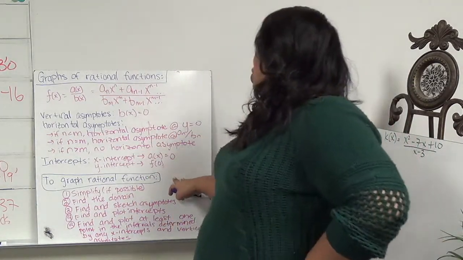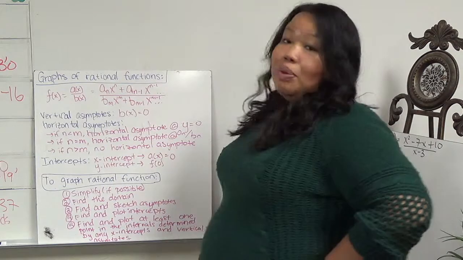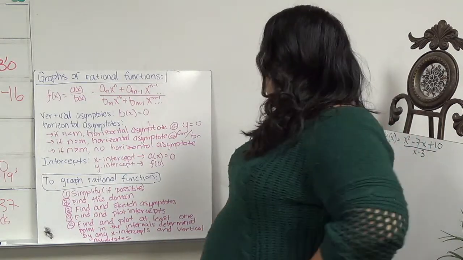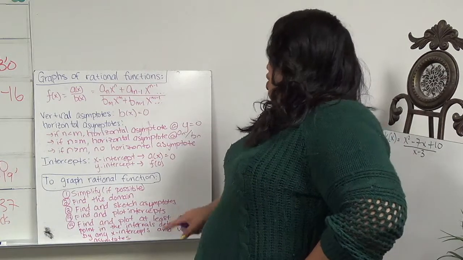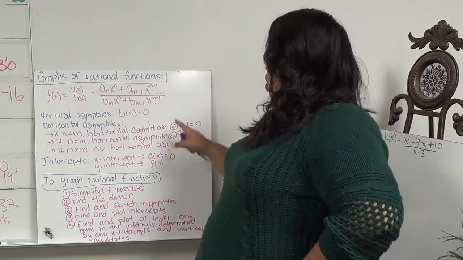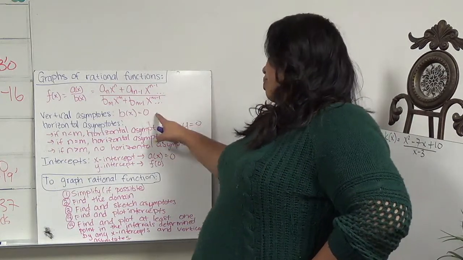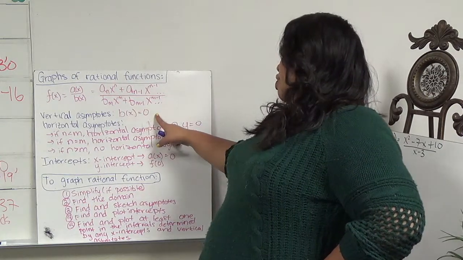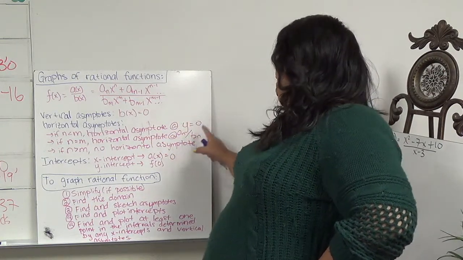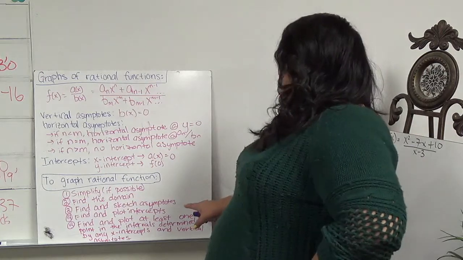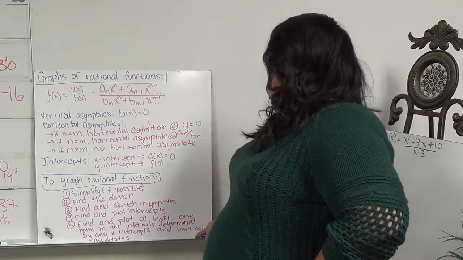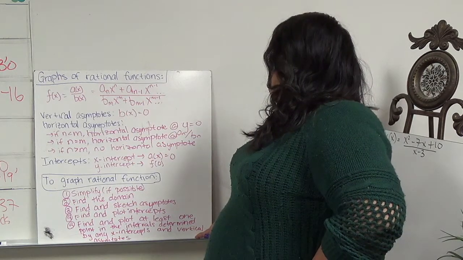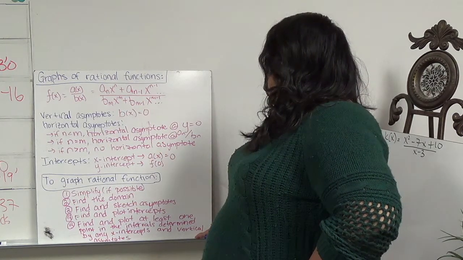So to graph a rational function, we have to simplify if possible, then find the domain, so we can figure out where the vertical asymptote is. Once we define the domain, then we figure out where the horizontal asymptote is, find and plot the intercepts, and then find and plot at least one point in the intervals determined by any x-intercepts and vertical asymptotes.